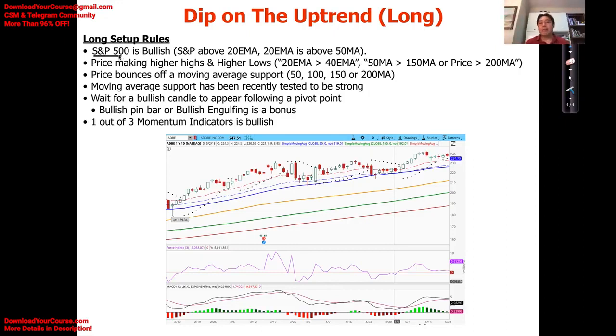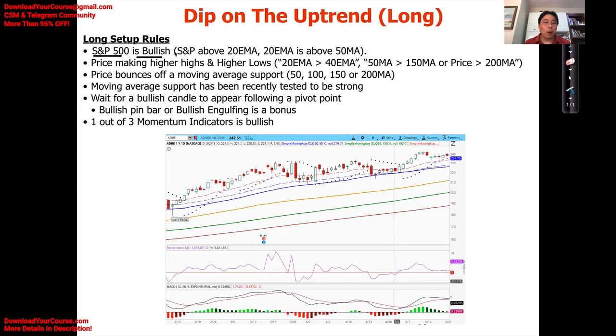When the S&P 500 is bullish, you find that most stocks tend to go up. So it makes sense to go long when the S&P 500 is bullish. There's a high likelihood that whatever stock you trade, the chance of going up is a lot higher. So we want the S&P to be bullish when we are taking long trades.